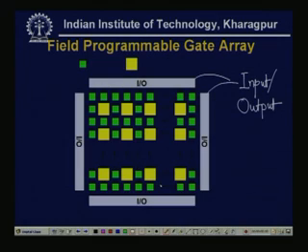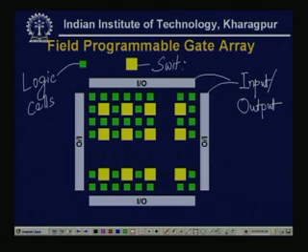In the picture we have shown one small green block. These are my logic cells or logic blocks. And this larger yellow one, these are my switching block or switch cells.